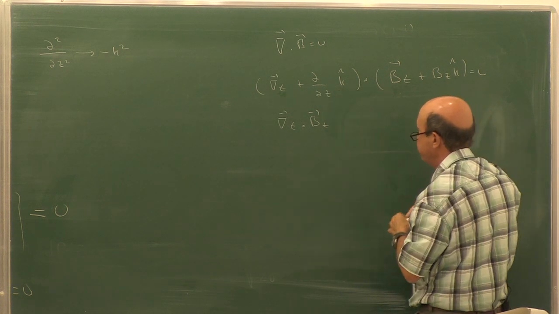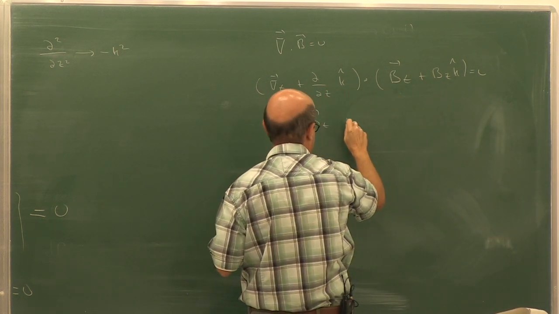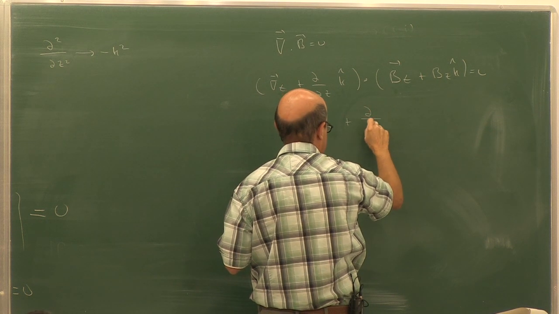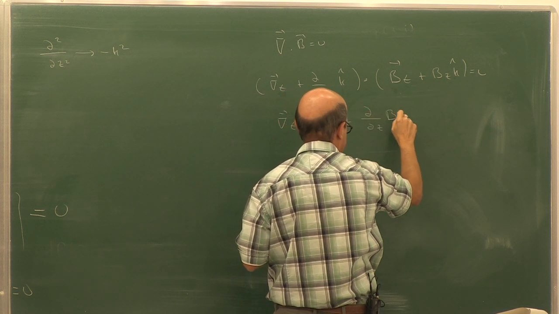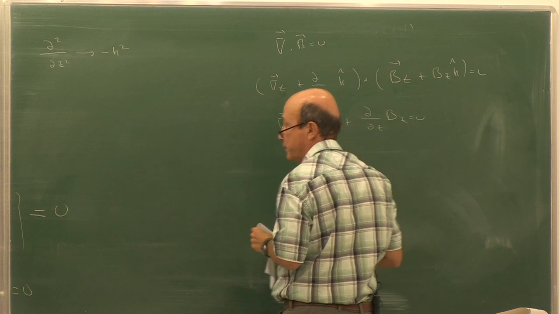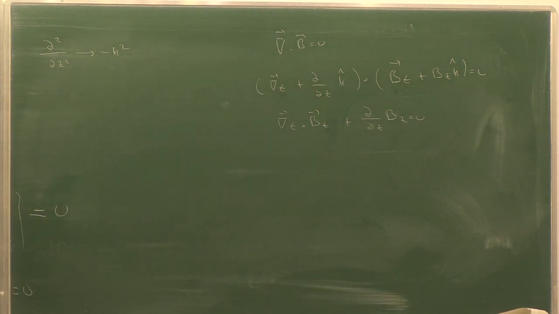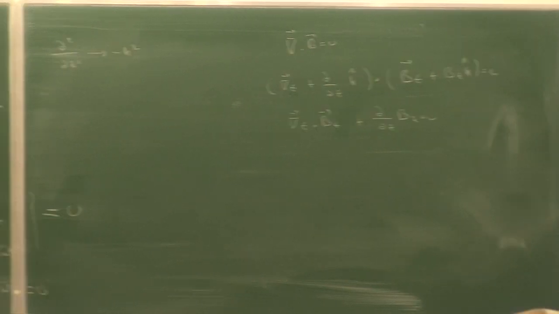And what is left is del over del z, Bz equal to 0. So this is one of the Maxwell's equations, related to there being no magnetic monopoles. You can write it in that form.